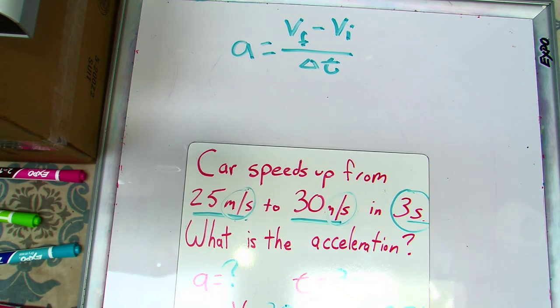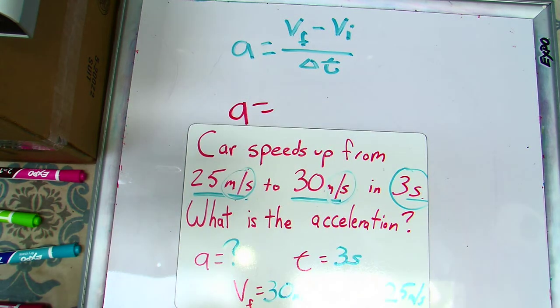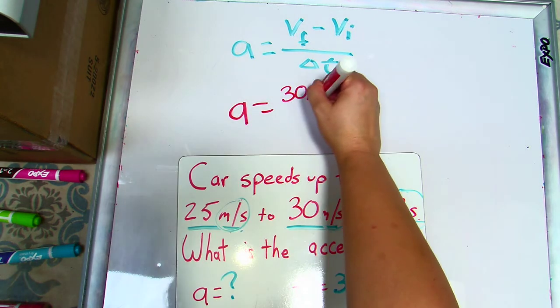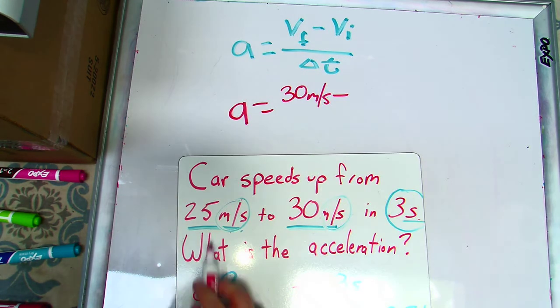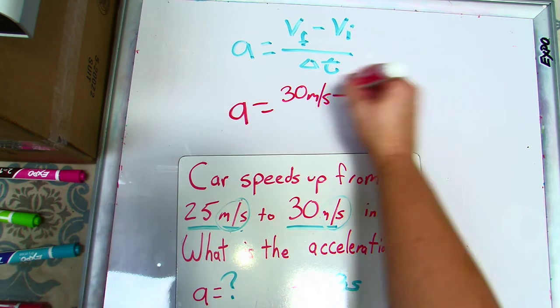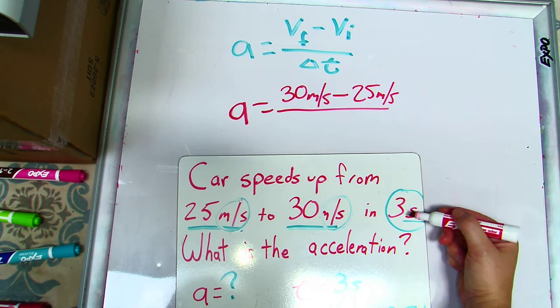So we know acceleration equals the final 30 meters per second minus our initial 25 meters per second. And we divide that by our time, which is 3 seconds.